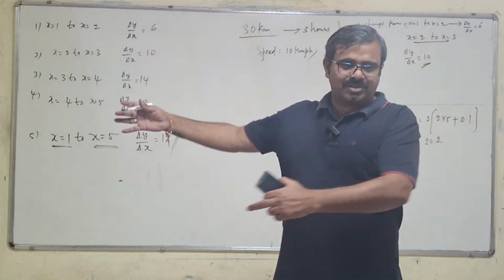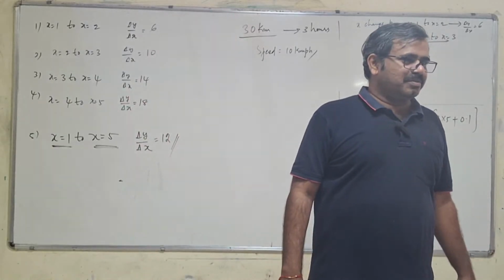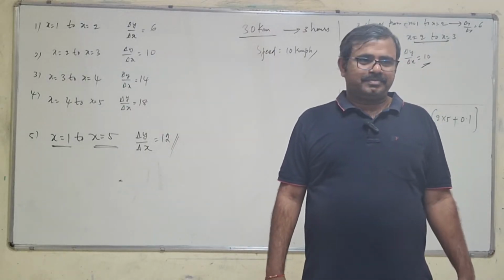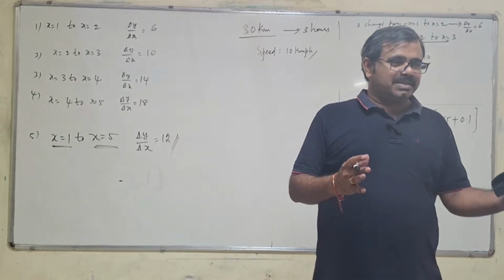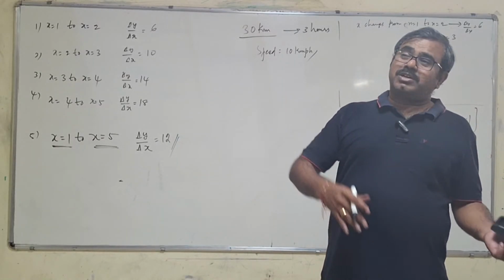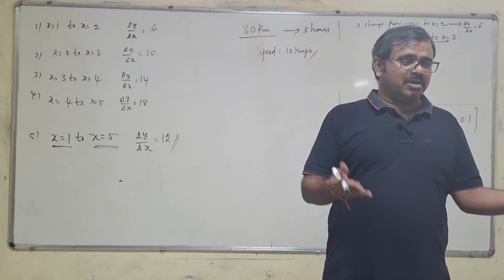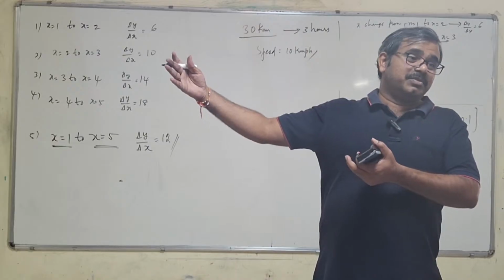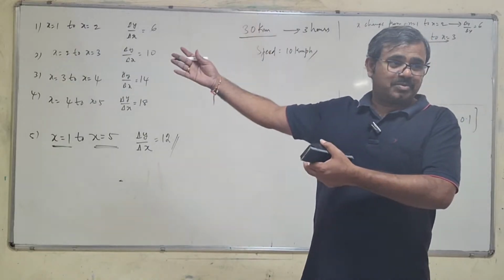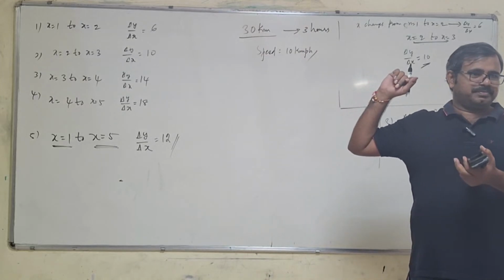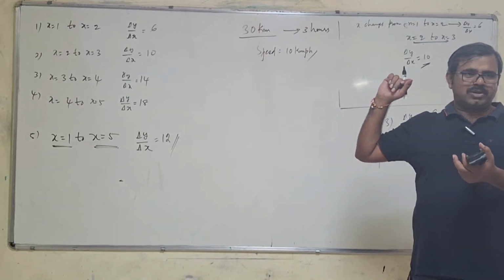In the third 1 hour also you traveled 10 kilometers? No, right? Not necessarily. Is your speed necessarily a constant? Not possible. In the first 1 hour you may have traveled only 5 kilometers. In the second 1 hour you may have traveled 15 kilometers. In the third 1 hour you may have traveled the remaining distance. You understand what I'm saying?